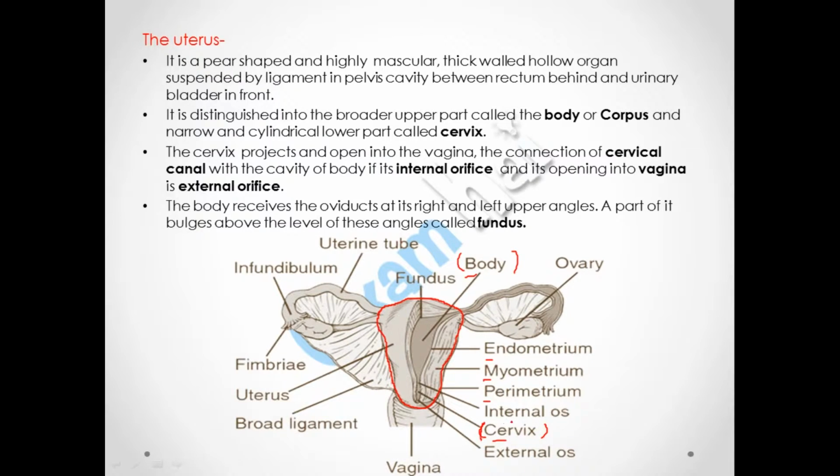The lower cervix opens through the internal orifice towards the uterine body, and the other part opens through the external orifice into the vagina. The upper bulging part is called the fundus. So this is the normal description of the structure of the uterus.